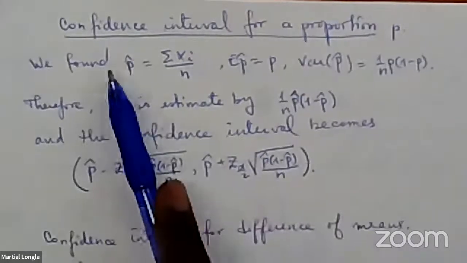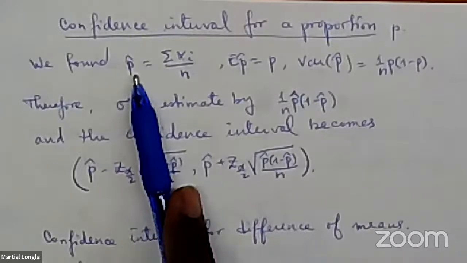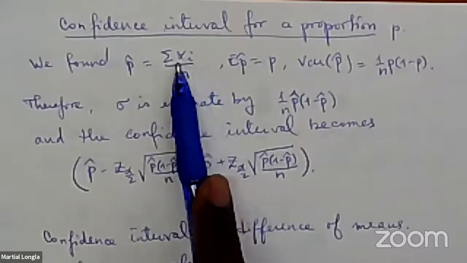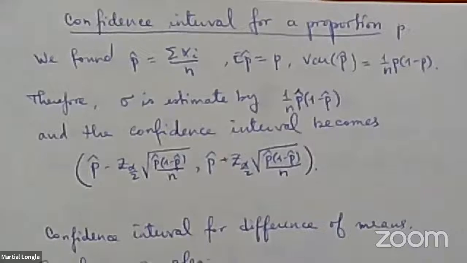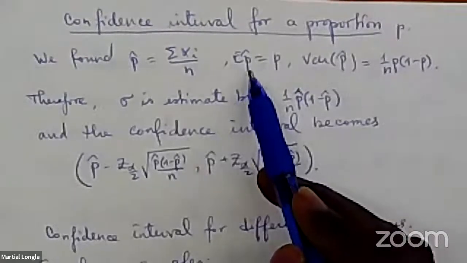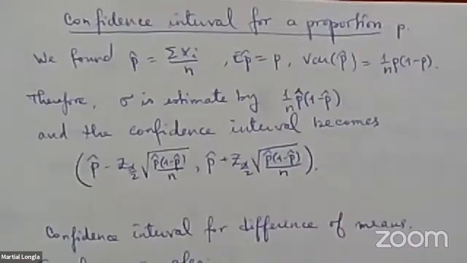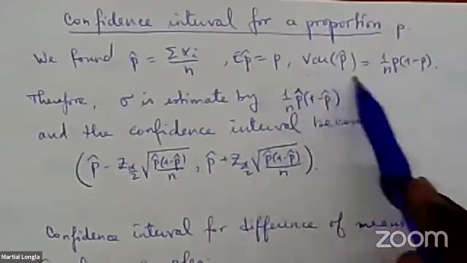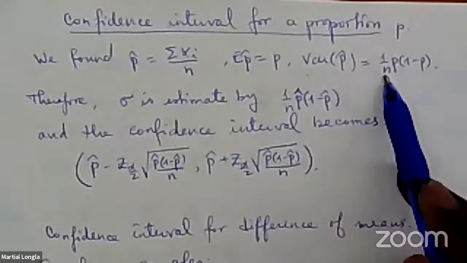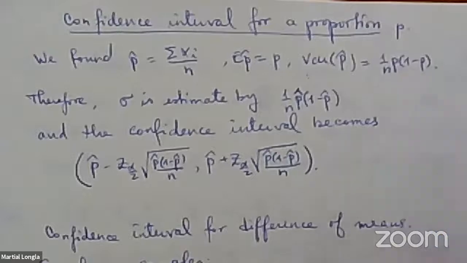So we estimated the proportion by the sum of xi's over n, where xi's are zeros or ones, right? And we proved that the expected value of this is p. So if we want to build a confidence interval, we need to find the variance, and the variance of this was 1 over n, p times 1 minus p.